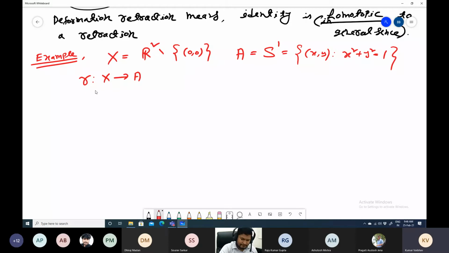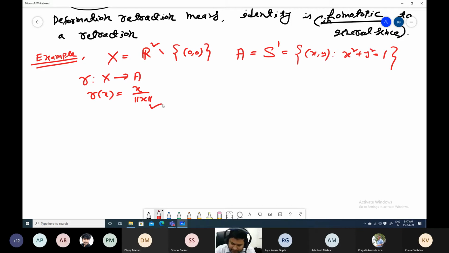R of x equal to x by norm of x. Now the image set is A, that property is satisfied. Also, if we choose elements from S1, the norm will be 1, so R of a will be a itself because the norm of a equals 1. So this part is done.